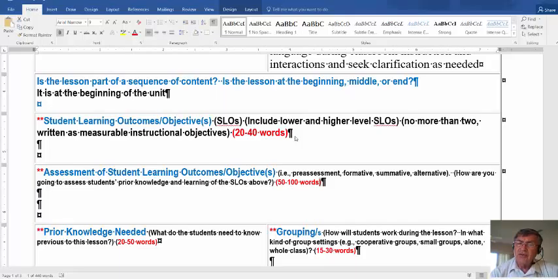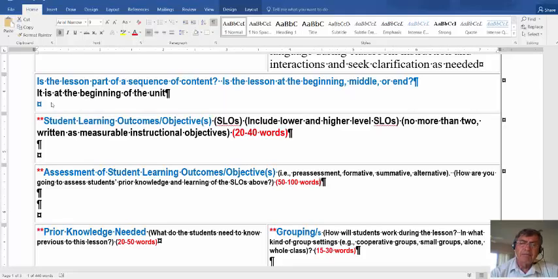So make sure you have a description of how you're going to be doing formative assessment. And I also want to see how you're going to do the summative assessment, which means to measure how well they have accomplished the objective. If you have any questions about that, please give me a call.